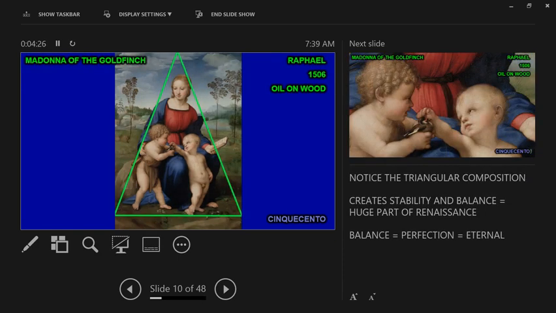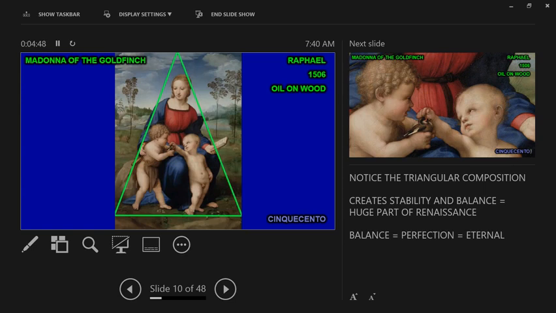And then we have this triangular composition again. Not only is this triangular composition symbolic because of its number, but it's also a balancing composition.